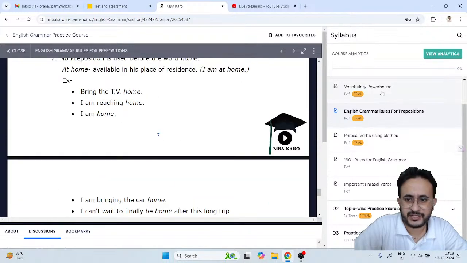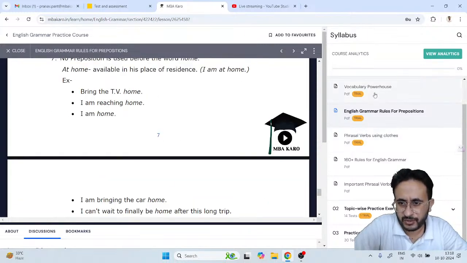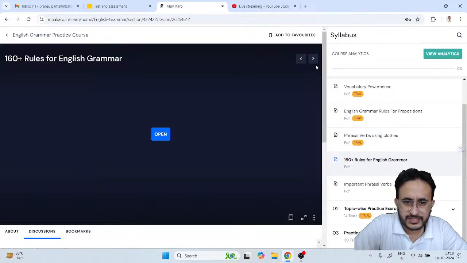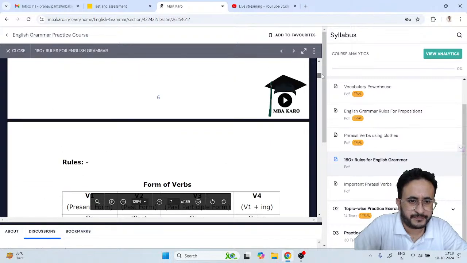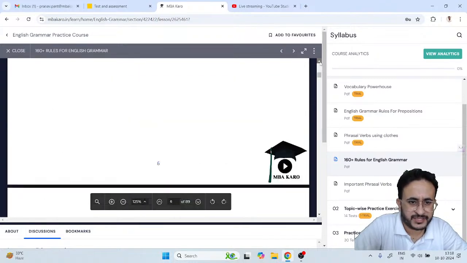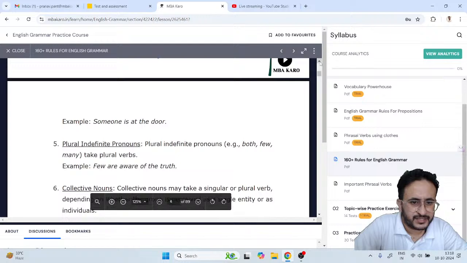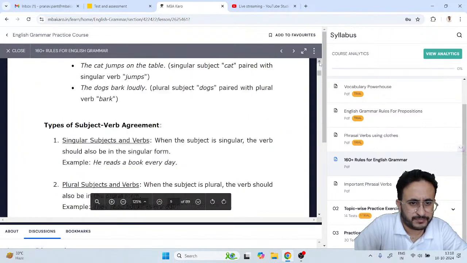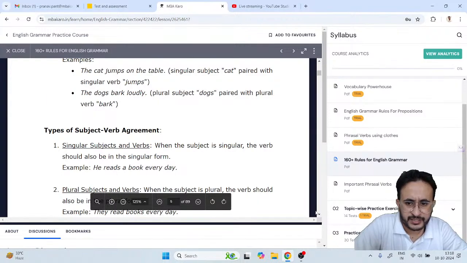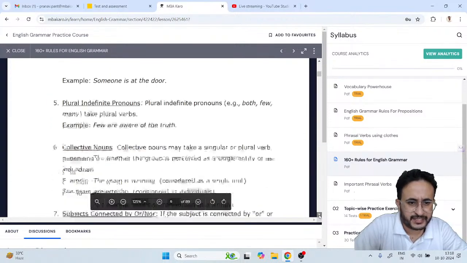Okay, and similarly when we talk about subject verb agreement, I was telling that it is an important chapter. Some people are taken as single.